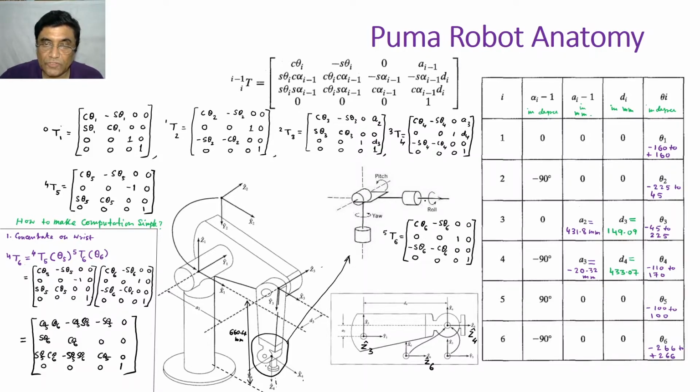This is roll, roll about Z6, this is pitch about Z5, this is yaw. So 4, 5, 6, the three Z axes are intersecting at a particular point.